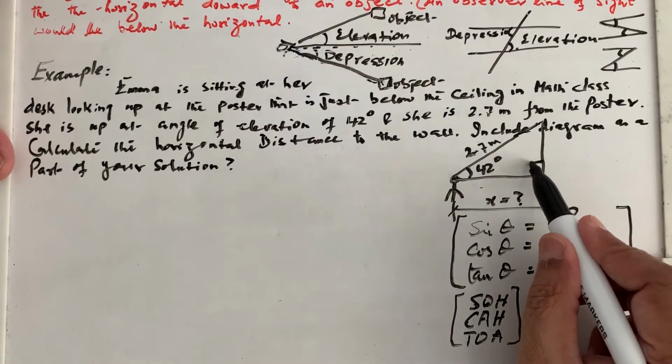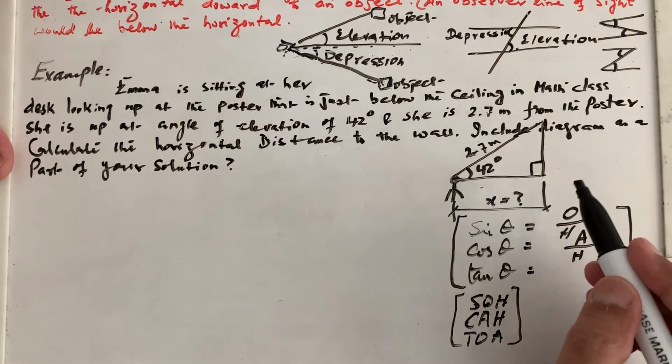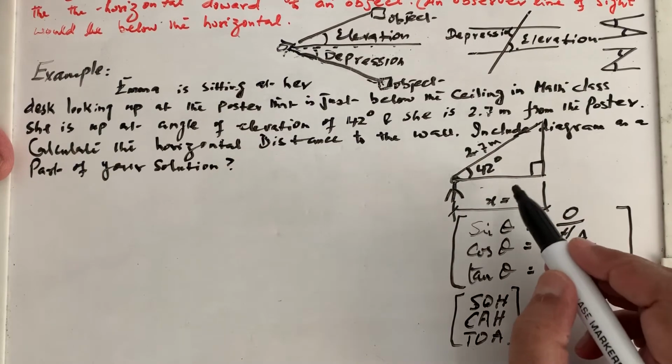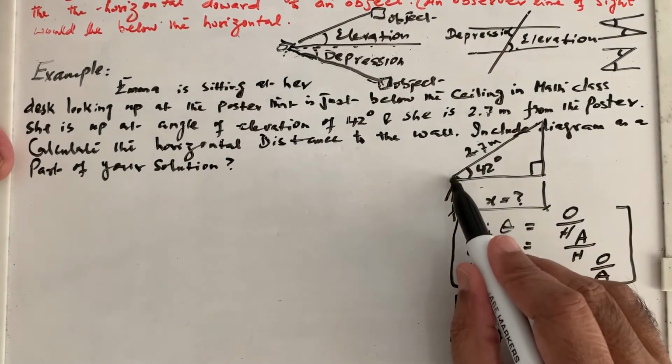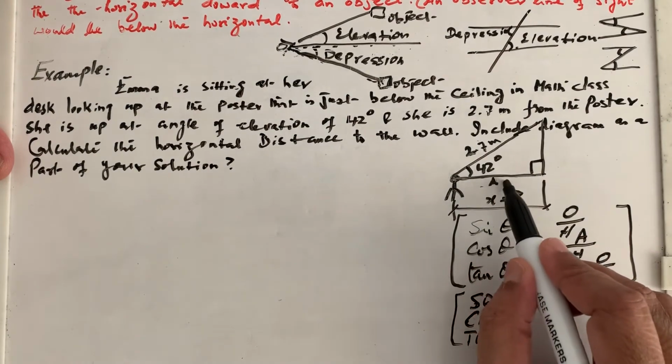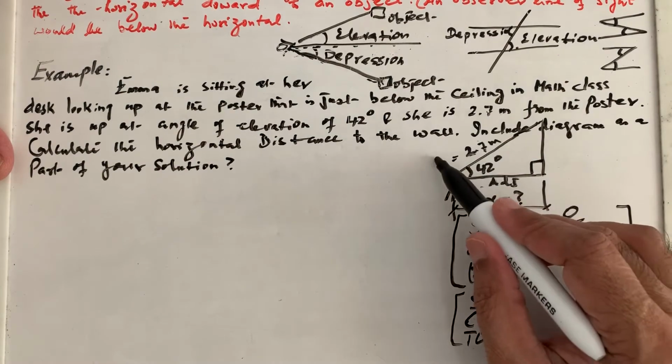So my right angle triangle is ready for the application, and the application is the trigonometric function while using angle of elevation and angle of depression. My triangle is there. I need to decide which trigonometric ratio I will use. I know this is my angle and this is my adjacent, which is unknown, and this one is known, my hypotenuse.